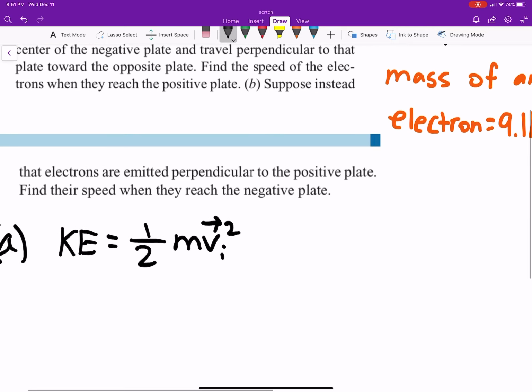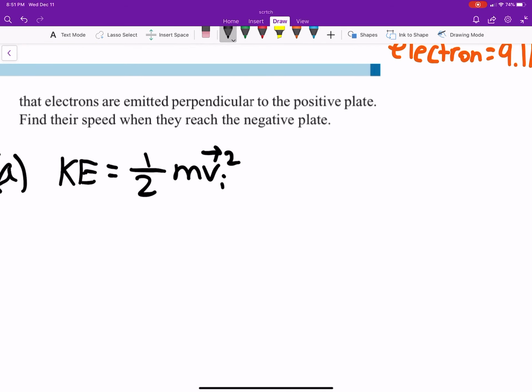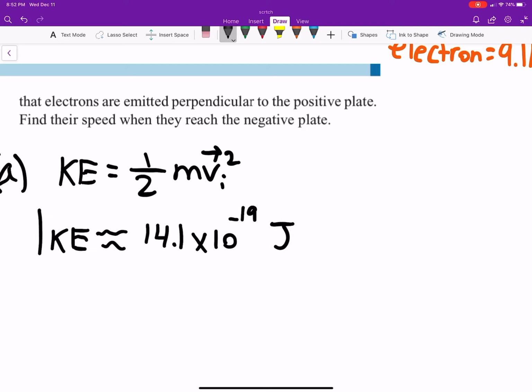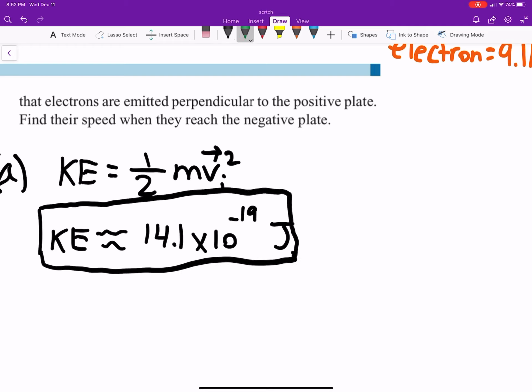So that's pretty easy. If we were to plug this into a calculator, which you're welcome to do, you should get about 14.1 times 10 to the negative 19 joules. So this is the amount of kinetic energy that's initially present.